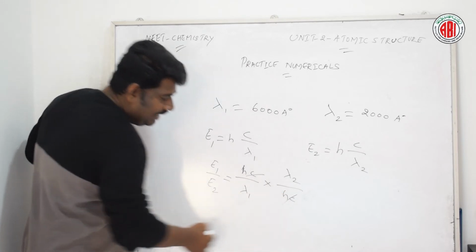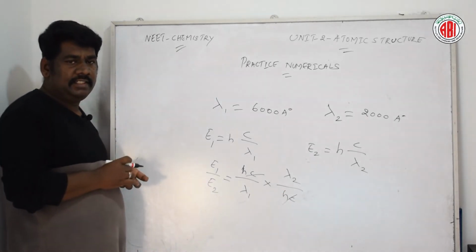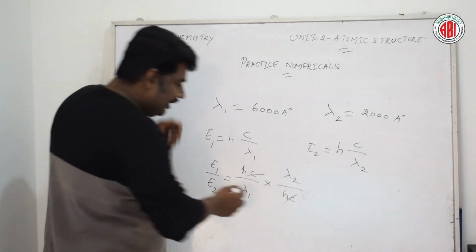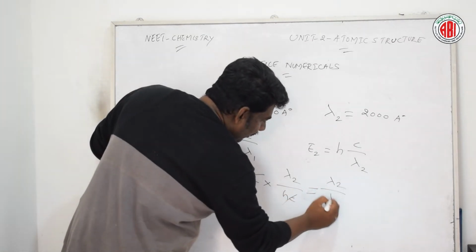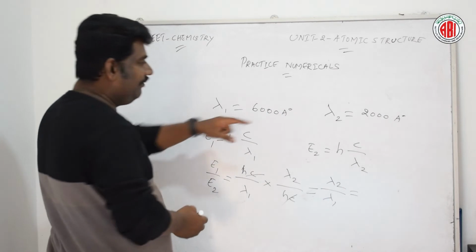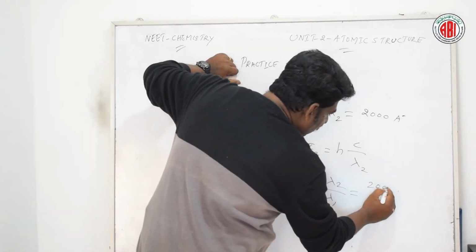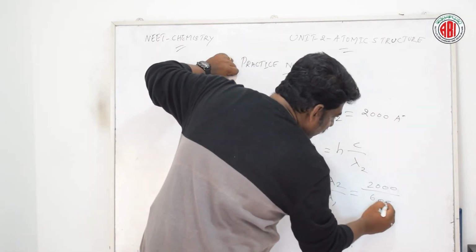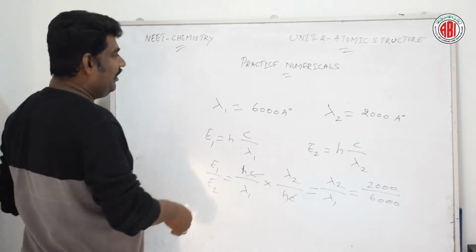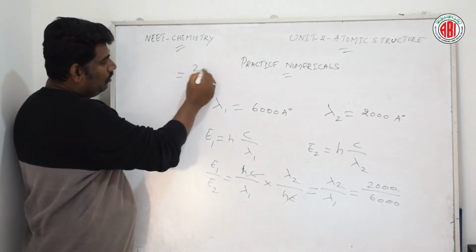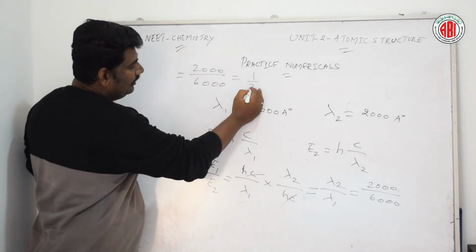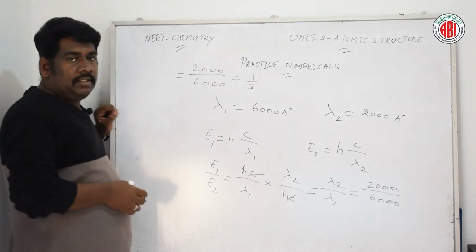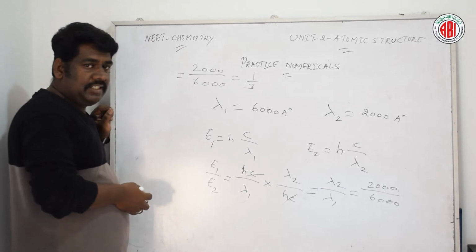So cancelling hc and hc, we get the value lambda 2 by lambda 1. Lambda 2 and lambda 1 we already know: 2000 Armstrong divided by 6000 Armstrong. Simplifying this, 2000 by 6000 is nothing but 1 by 3. Yes, so this is the answer for this particular question.